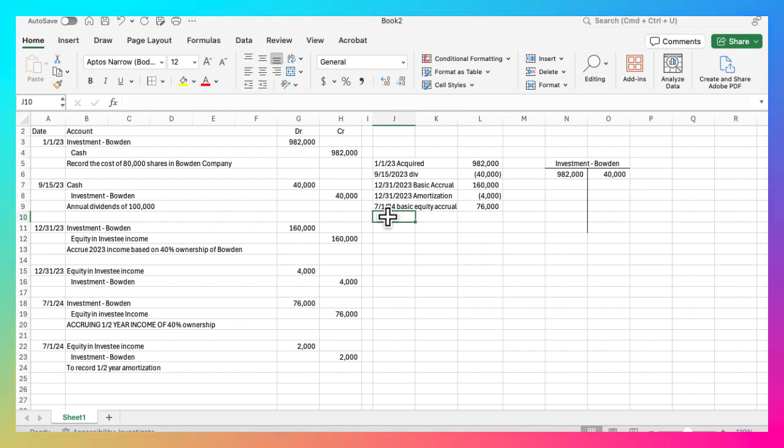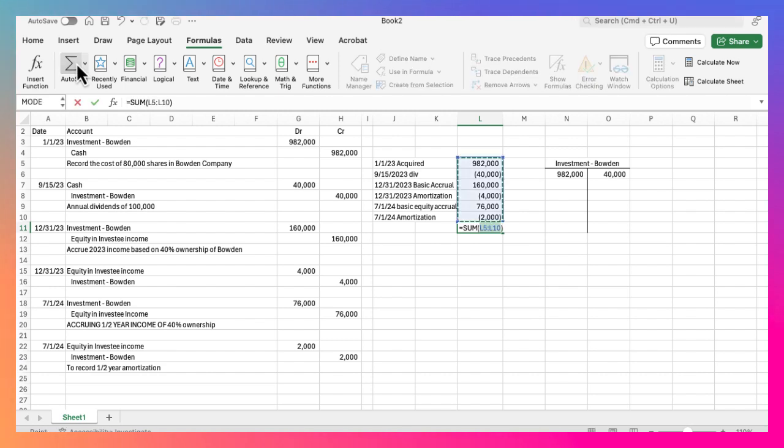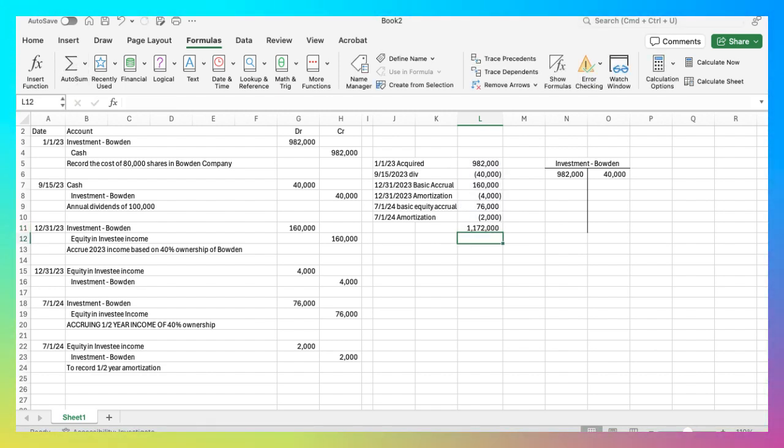And then we're going to record the decrease, the amortization on 7/1/24 of -2 grand. So now when we auto sum this and add all this up, we get $1,172,000.